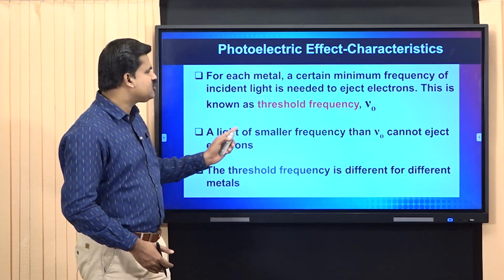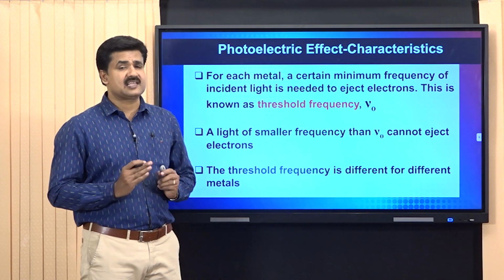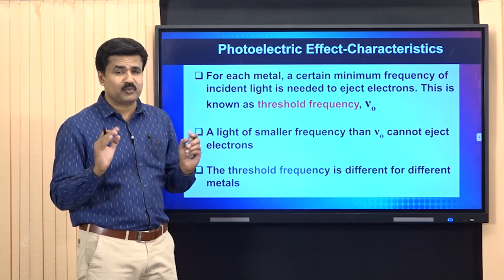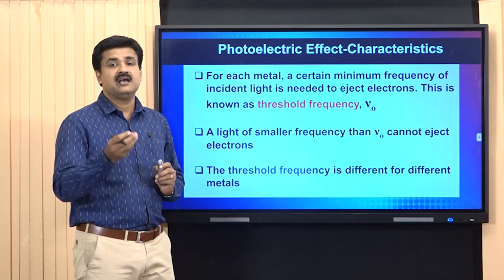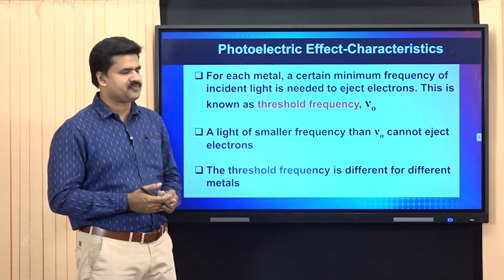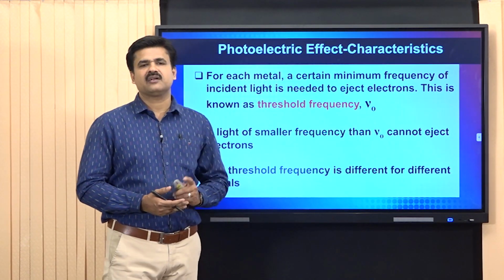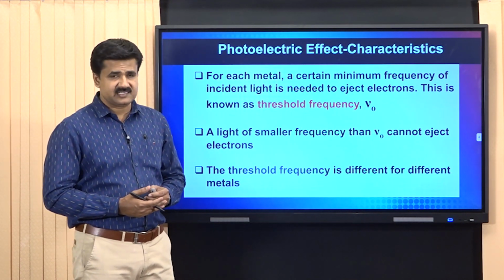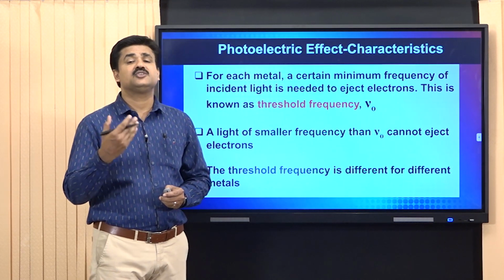Light of smaller frequency than nu zero cannot eject the electrons. That is, photoelectric effect is not possible if you are using a frequency lower than the threshold frequency nu zero. The threshold frequency is different for different types of metals. That is, threshold frequency varies from metal to metal.